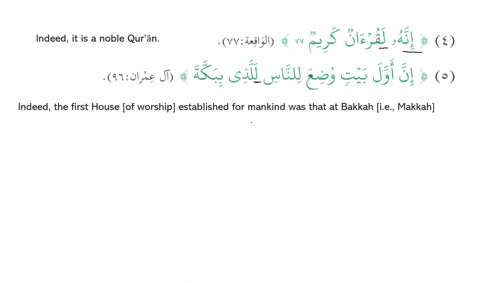Because we have two lams there, the hamzat al-wasl has been dropped and it has changed into tashdid. Lalladhi bibakkata. Bibakkata is the old name of Makkah. Indeed, the first house of worship established for mankind was at Makkah.